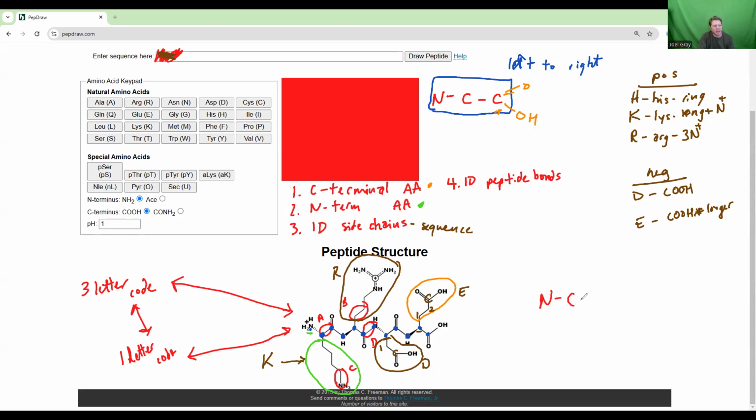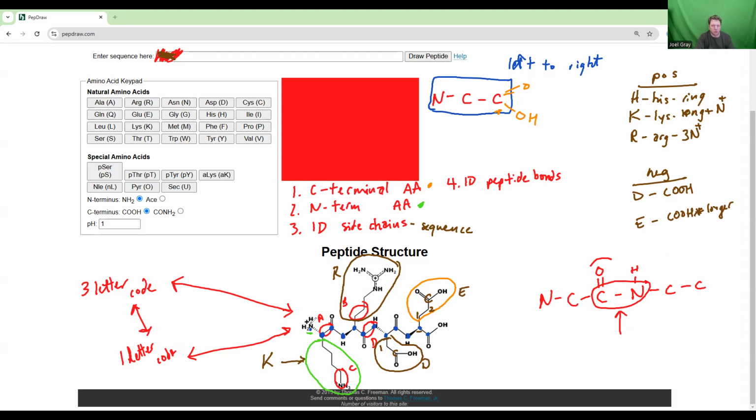If we use NCC, NCC, the bond that connects a carbon and a nitrogen. Reading carbon to nitrogen, that carbon has a carbonyl oxygen. The nitrogen has a hydrogen. This right here is the peptide bond.